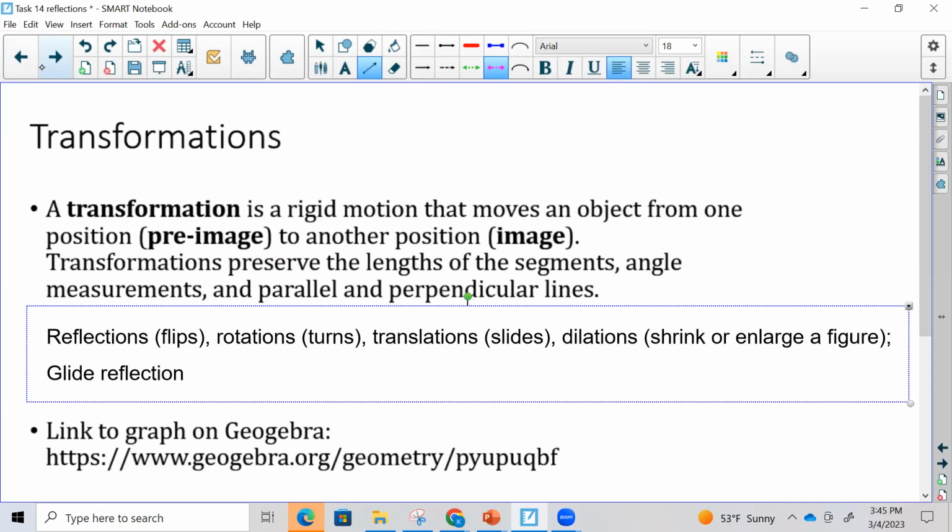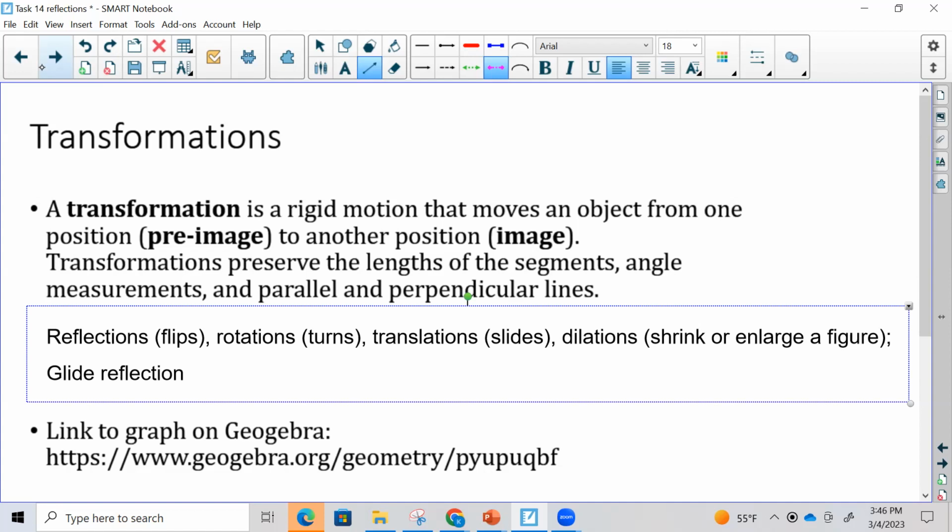So a lot of Unit 2, we're going to talk about transformations. A transformation is a rigid motion that moves an object from one position, and the object we start with is called the preimage, to another position, the image. Transformations preserve the lengths of the segments, angle measurements, and parallel and perpendicular lines.